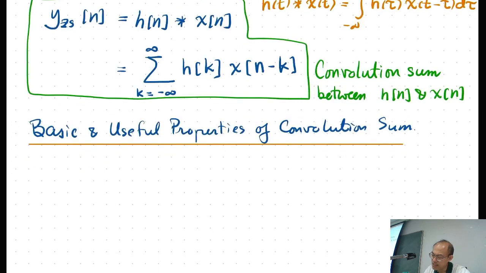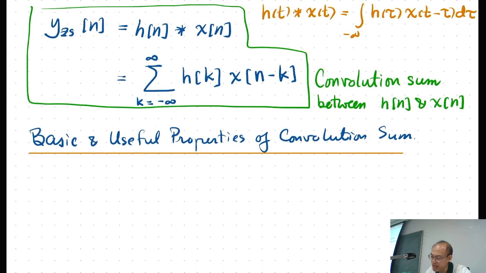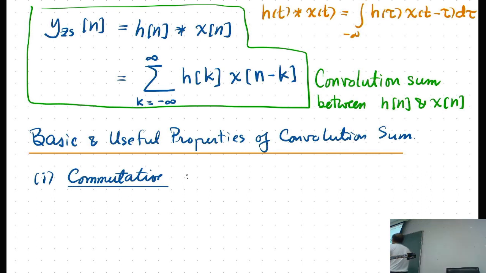These properties are exactly the same as convolution integrals, namely, first, the convolution sum is commutative. Commutative means you can write h[n] star x[n] or you can write x[n] star h[n].